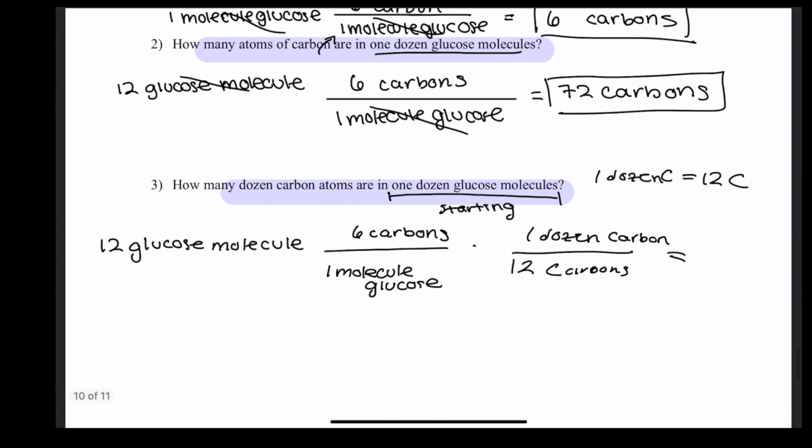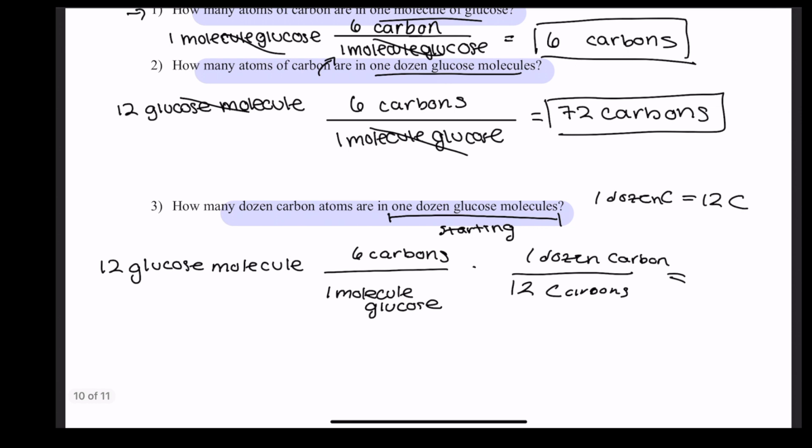If we multiply everything out, we get 12 times 6, cross this out, our unit is dozen, over 12 equals dozen of carbon. Here I don't need my calculator. 12 over 12 is always 1, so our answer is 6 dozen.